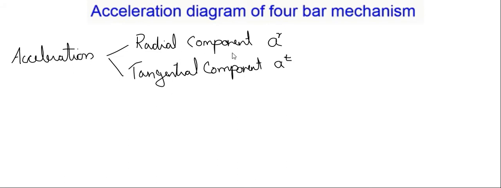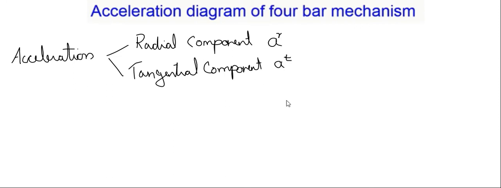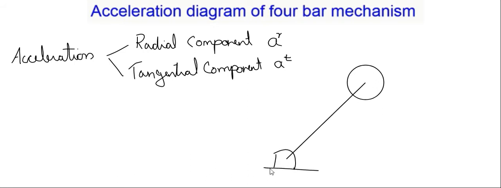And what is this radial and tangential component? To understand this, you just consider a ball or something that is circulating or that is revolving. Let that be a ball that is fixed at one point and it is moving with a constant velocity in clockwise direction.